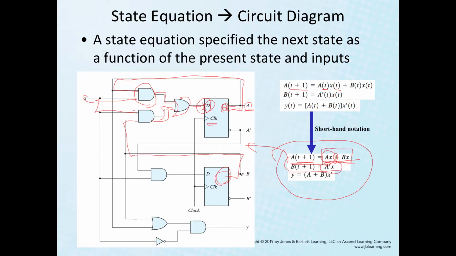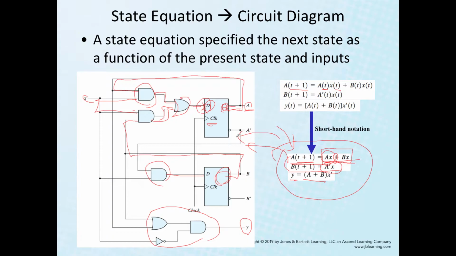So this one should be on the input of the B flip-flop, and the last equation is for output, which is described by this hardware. So given the state equation, we should be able to draw the logic diagram, which is the actual hardware implementation.